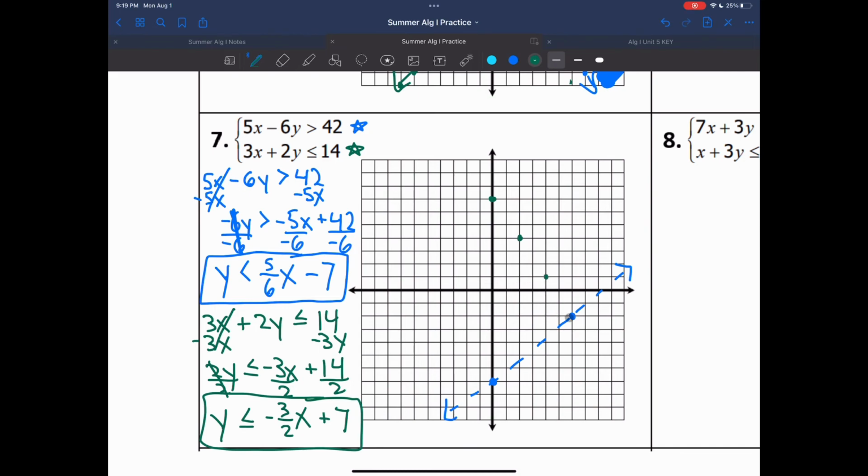See if I can get a couple more. Okay, good. I could get one up here, actually. I can go up 3 and to the left 2, and there. Get another point. Okay, looks like this one will be a solid line because I do have the solid line under the inequality symbol. So let's draw the solid line.